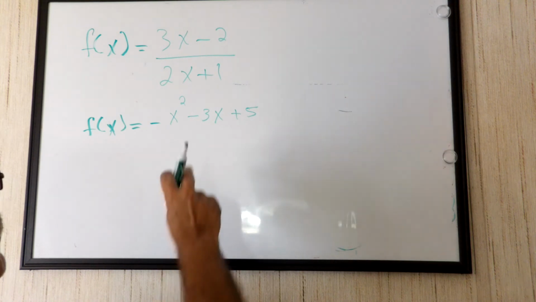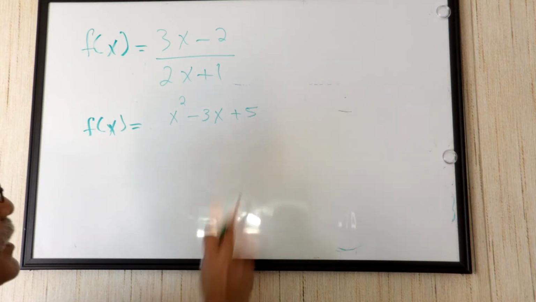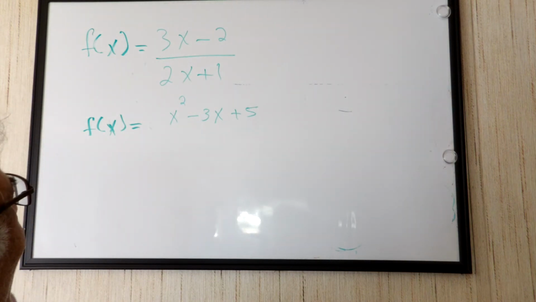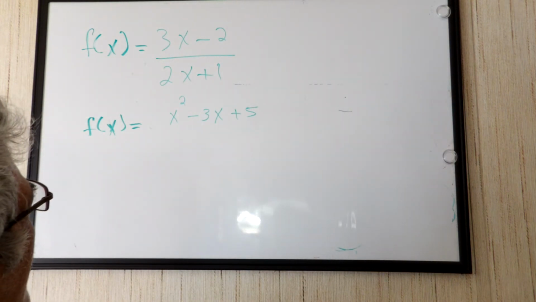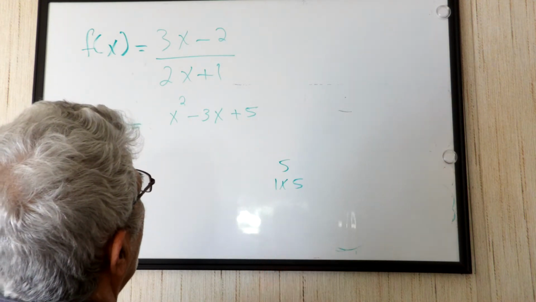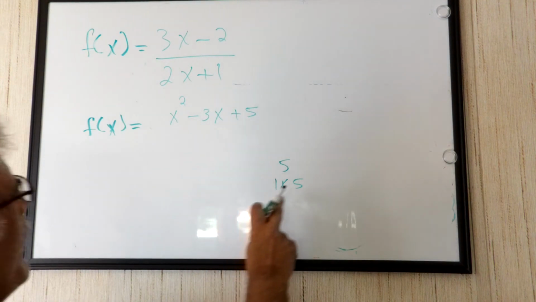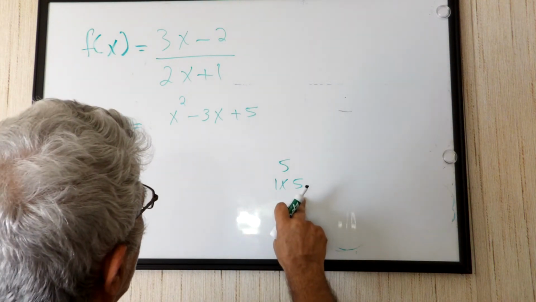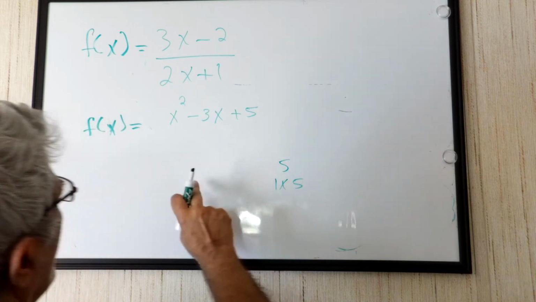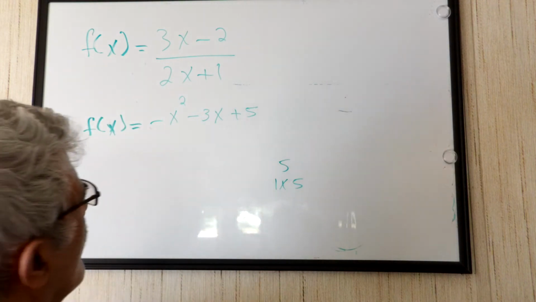What do you find if you have this? What's the number that multiplied together is going to be 5, and added up is going to be -3? The factors of 5 are 1 and 5, and if we add them up, for example -5 plus 1, it's not going to give you this one.